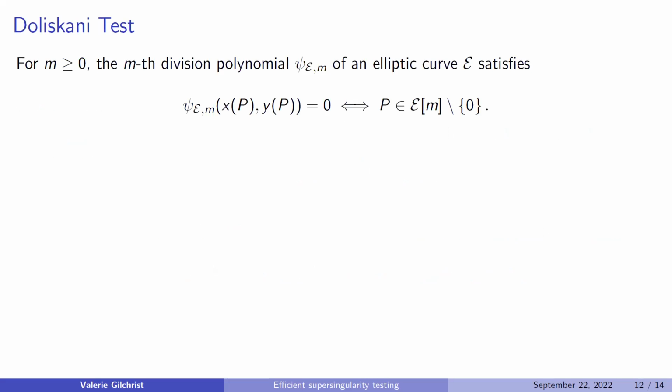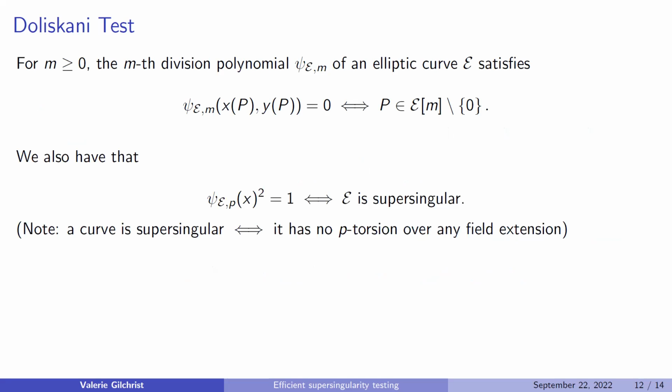Cool. So the third algorithm is due to Isogeny, and it uses something called division polynomials. Division polynomials are derived from the group law, but again, what we care about is this very nice property that the mth division polynomial evaluated at a point will be 0 if and only if that point is in the m torsion of the curve. You might already know there's this equivalent definition of supersingularity that says a curve is supersingular if and only if there is no p torsion over any extension field.